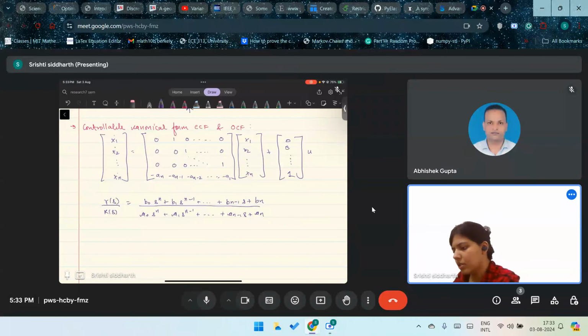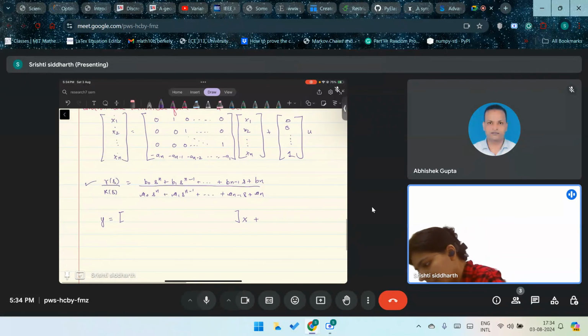Alright, and this is for the case when we do have something in the numerator. So for this case, we have some C matrix. And what would that be? So let's just say that this is the vector x plus some d times u. So let's write down what C is. This is going to be bn minus b0 times an.